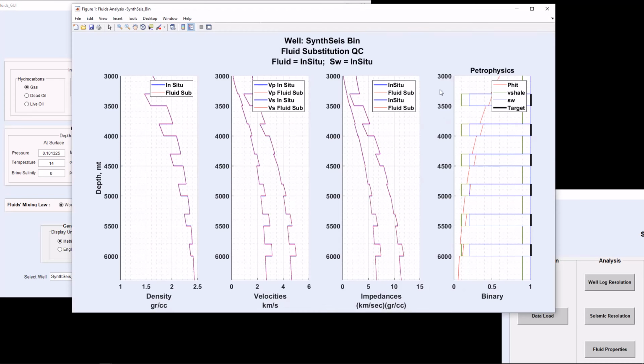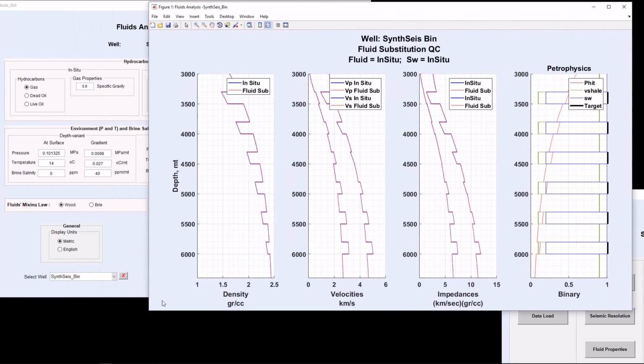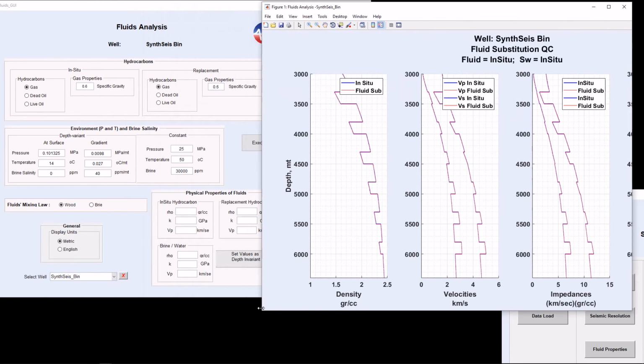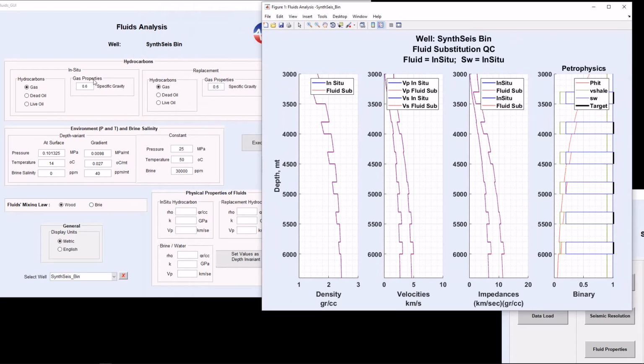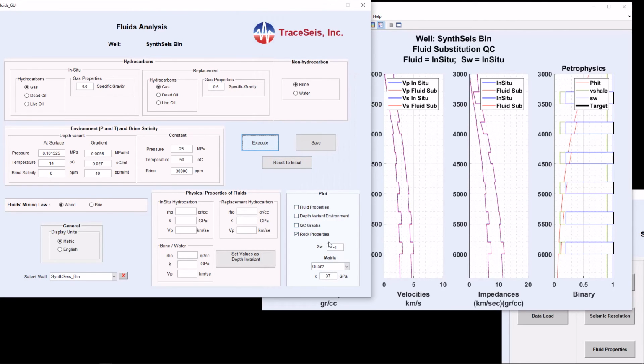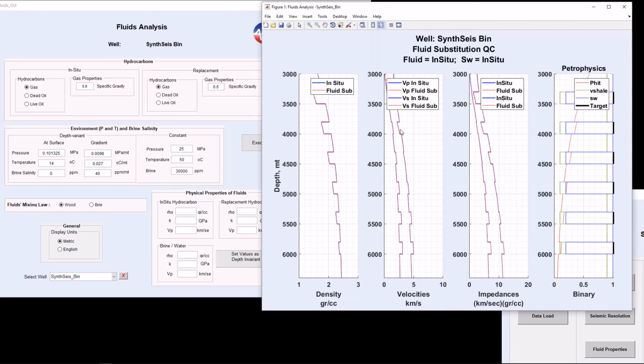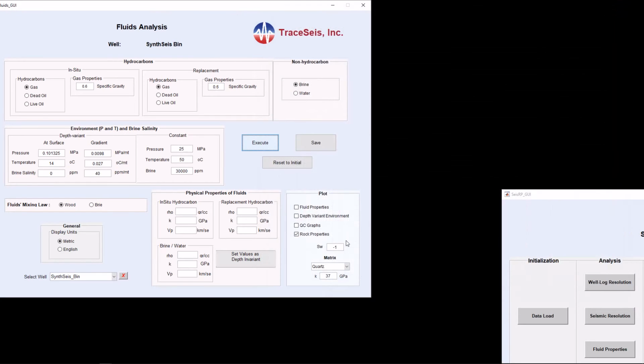Let's do a QC plot. In this case, the in situ fluid and the replacement fluid are the same, and the water saturation is the in situ water saturation, so no changes would be expected. Let's evaluate 50% water saturation.